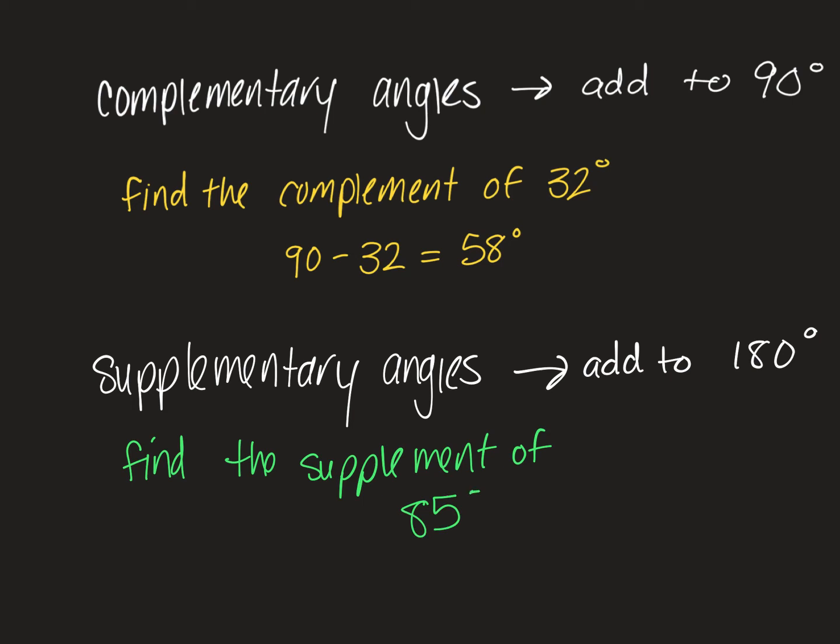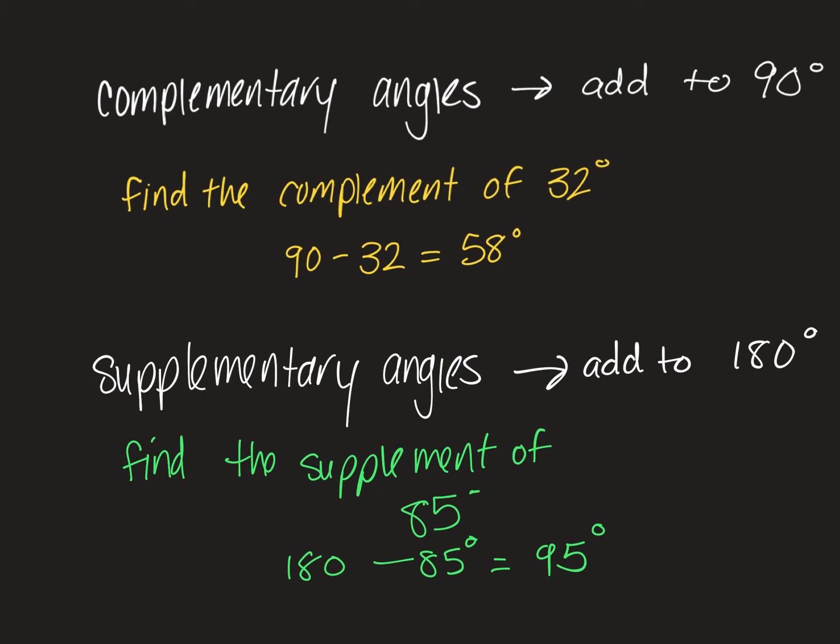So then you would do 180 minus 85. Is there such thing as a negative degree? Yes, but we're not going to talk about that this year. It just would mean you go a different direction, is all a negative angle means.